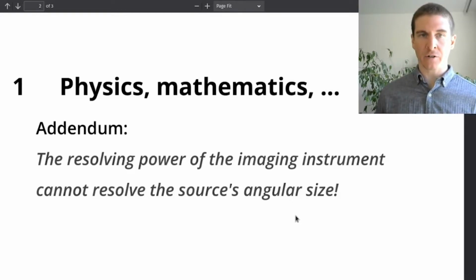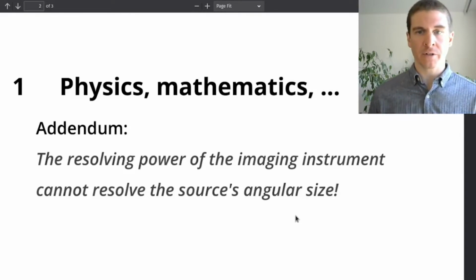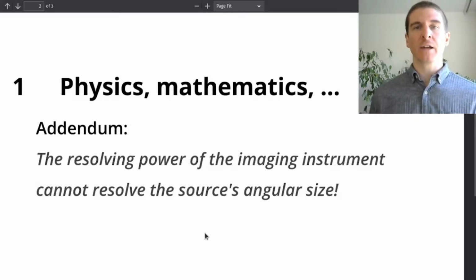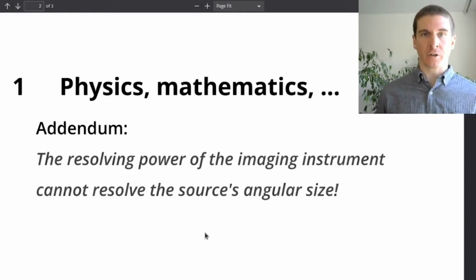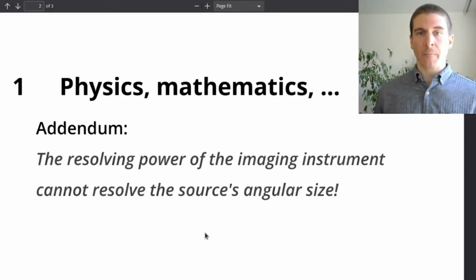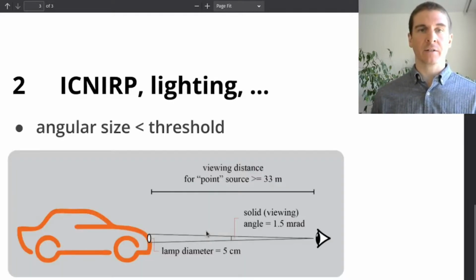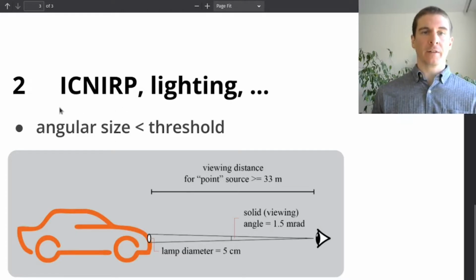And so this sentence is, strictly speaking, not part of the definition, but it's an advice regarding when to use the definition. And this is where the confusion starts, because in some circles this sentence itself is treated as the definition of a point source, and this is where the second type of definition comes from, oftentimes used in lighting, which says that the only thing that defines a point source is that the angular size has to be smaller than a given threshold.